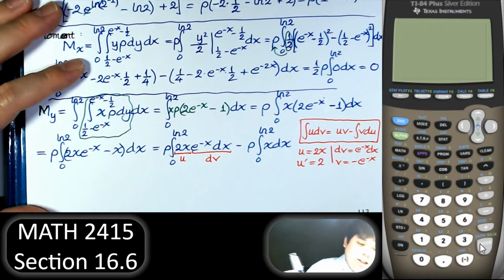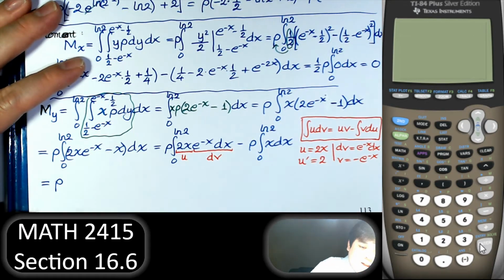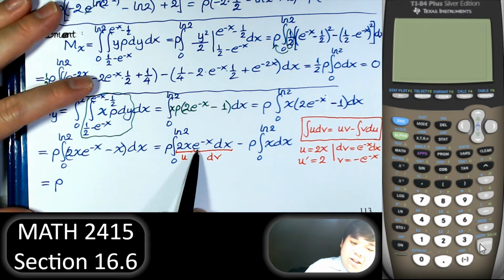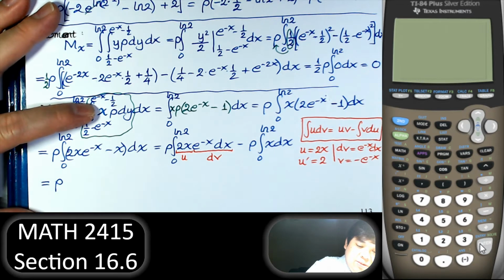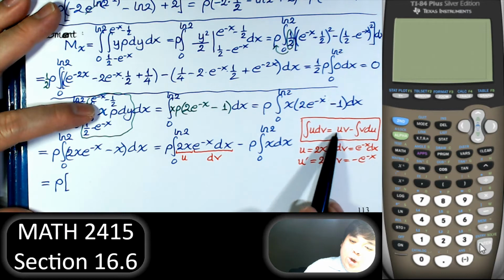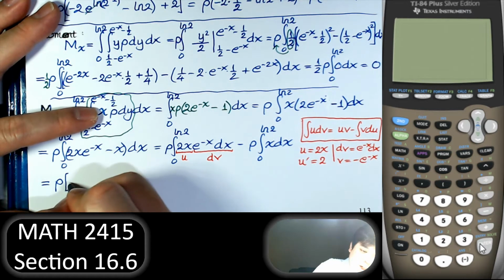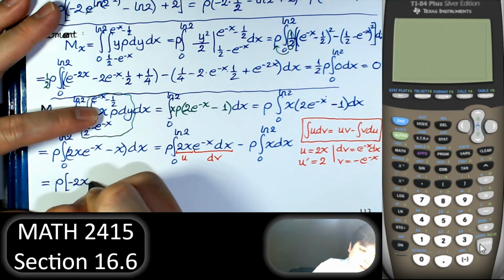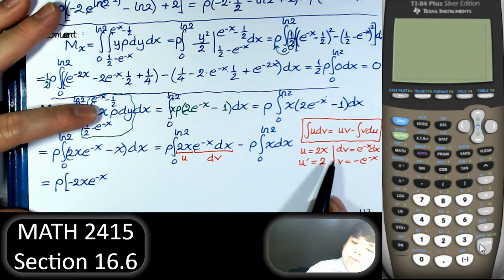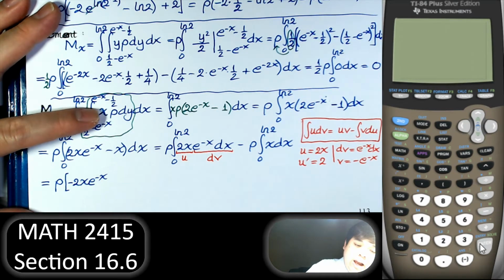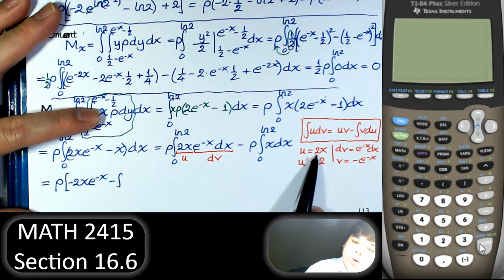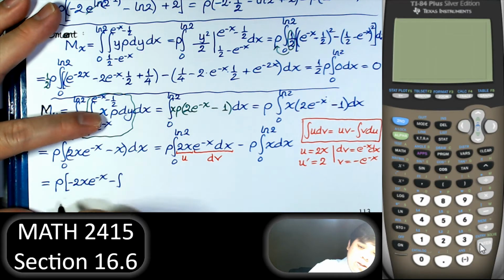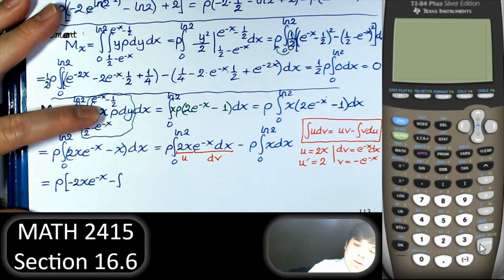Right. So integrate the integral. We have uv, negative 2x e to negative x, minus the integral of v du.